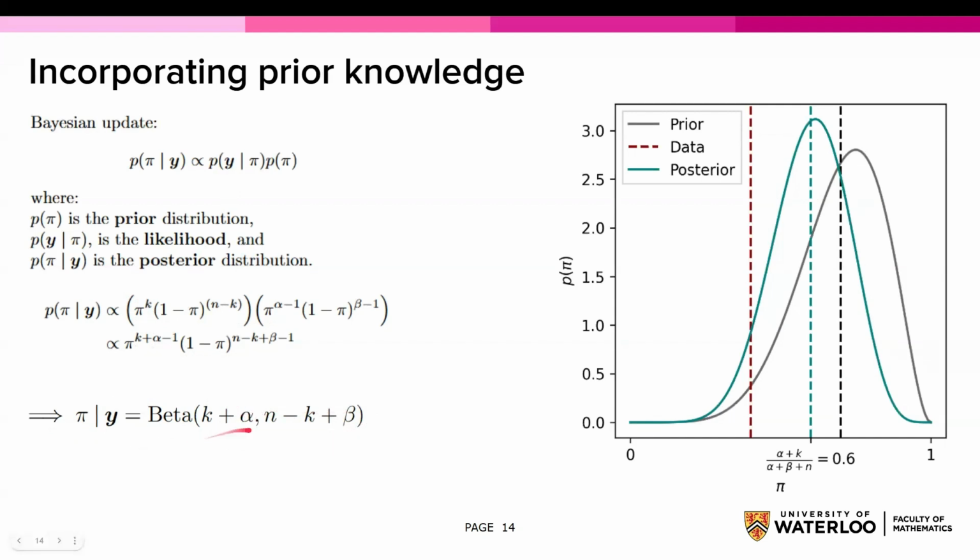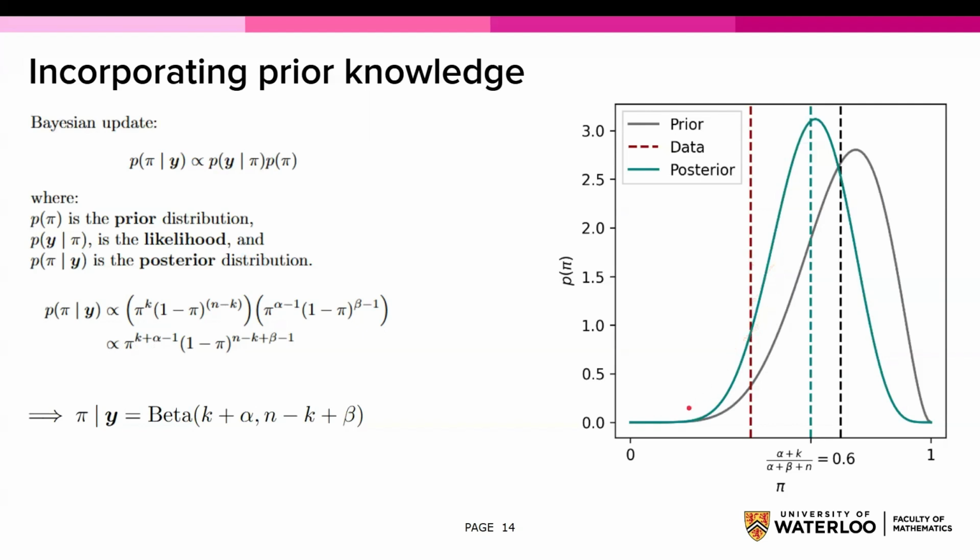And then in the plot on the right here, this is the distribution of our prior, where we set alpha to 7 and beta to 3. So that had a mean value of 0.7. The red dashed line indicates the mean of the data we observed.